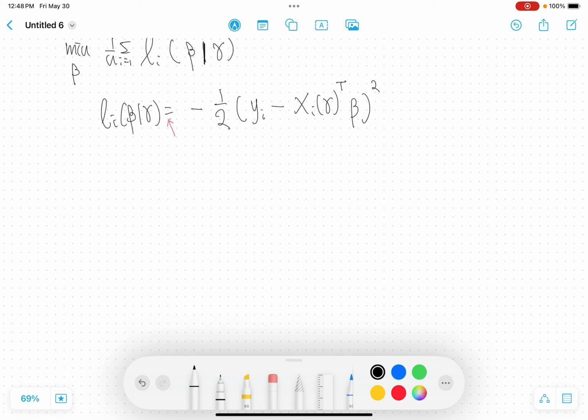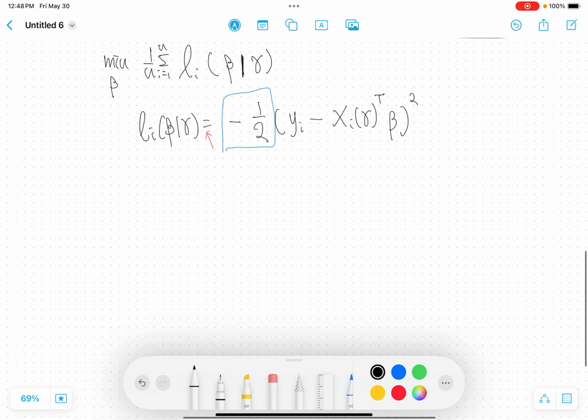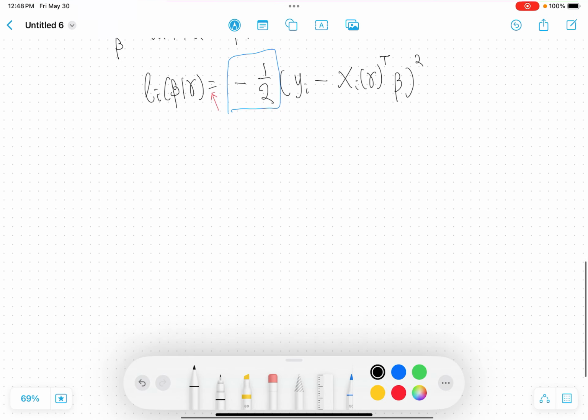Anyhow, so this is the familiar least squares criterion function, and I put minus 1 over 2 for convenience. We'll see why we need to put that here. Okay, let's do the differentiation now.